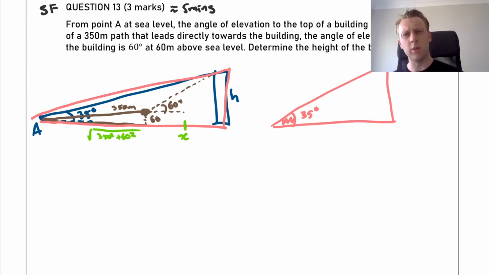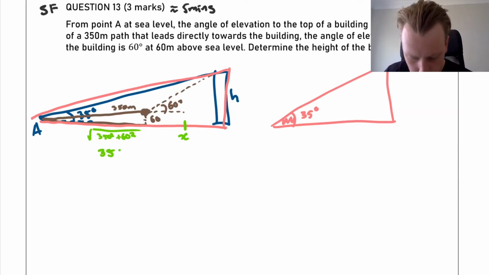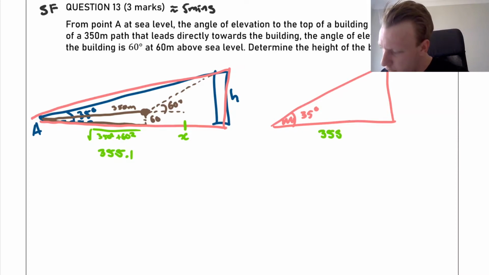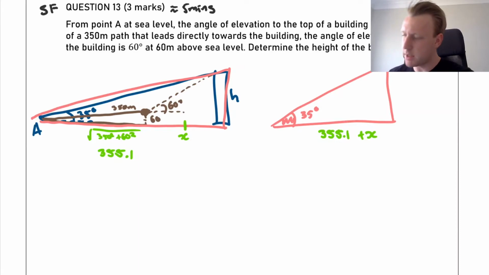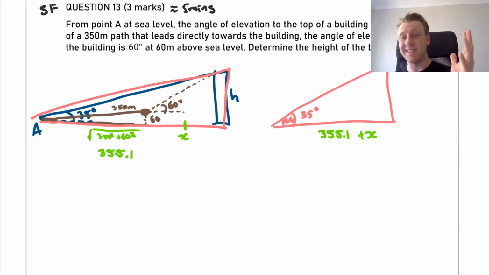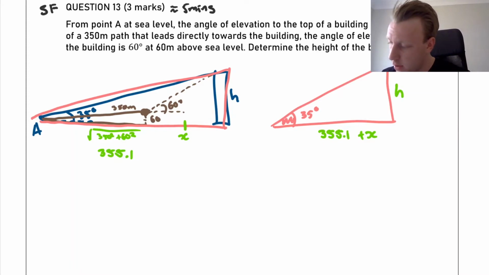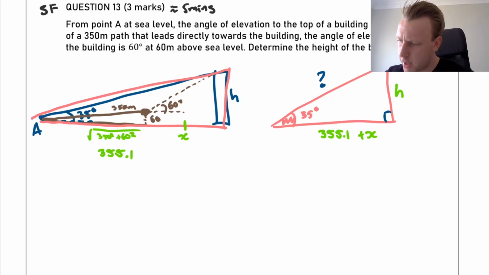And I'm just going to quickly work that out. Is 355.1. So this distance here is 355.1 plus x, where x is the remaining distance to the bottom if you're considering it tangent along the ground, and that's got a height of h. And this I don't necessarily care about. And then we've got a shorter triangle here.